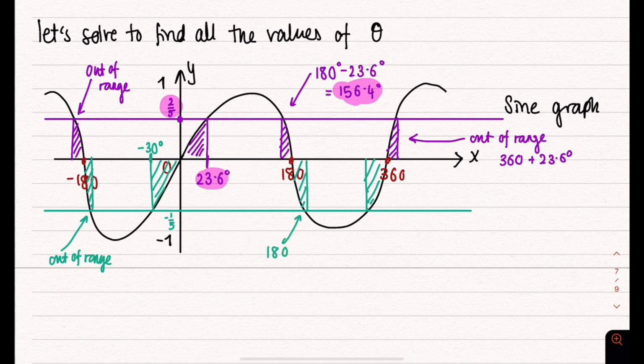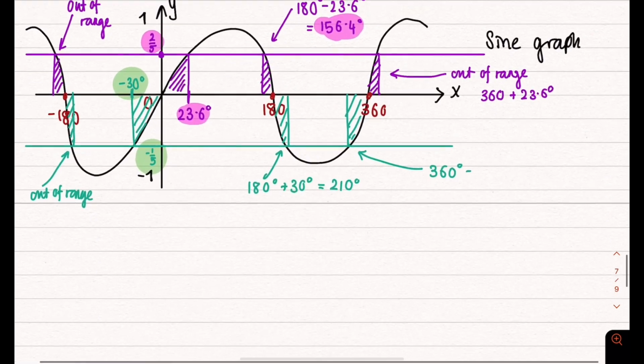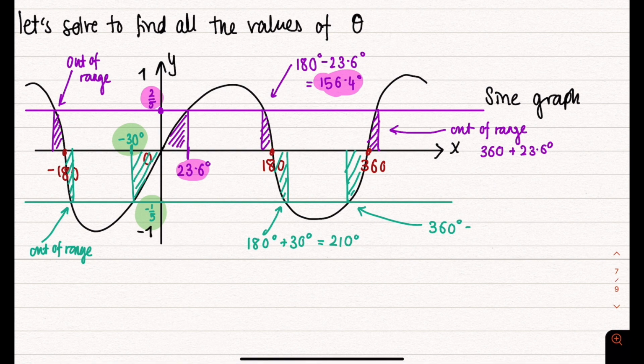So at this point we have 180 degrees plus the shaded region, which is 30 degrees, so we get 210 degrees. Similar to this point, we have 360 degrees minus 30 degrees, which is equal to 330 degrees.